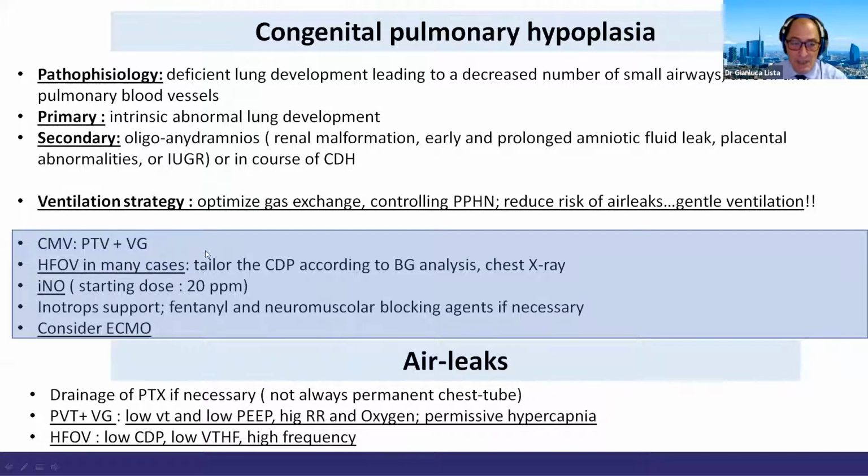And in these patients, it's very important to try to tailor the continuous distending pressure according to the blood gas analysis and the chest X-ray. In some cases, when there is persistent pulmonary hypertension, it is indicated to use iNO and consider ECMO before there is a very important worsening of the oxygenation of these patients.